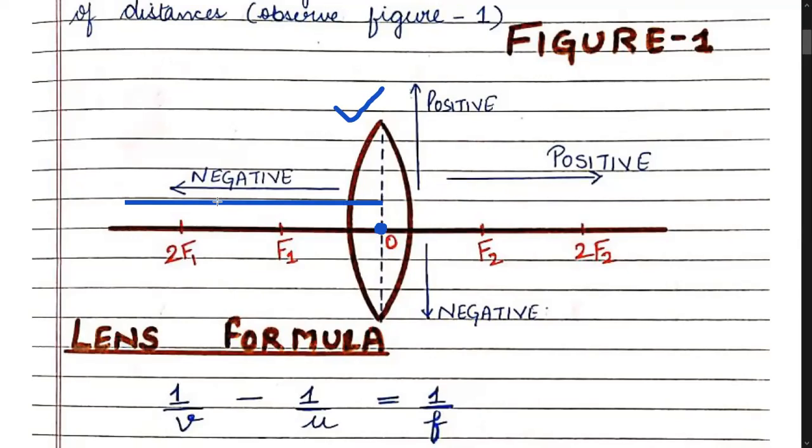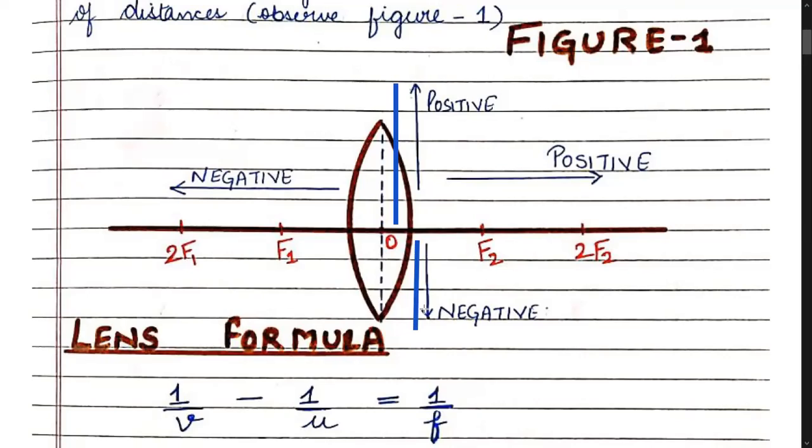The side left of the optical center acts as the negative x-axis, so distances there have to be taken negative. Similarly, the distances above the optical center, towards upward, will be taken positive, and downward will be taken negative, as we consider the positive y-axis and negative y-axis towards the upward and downward direction.